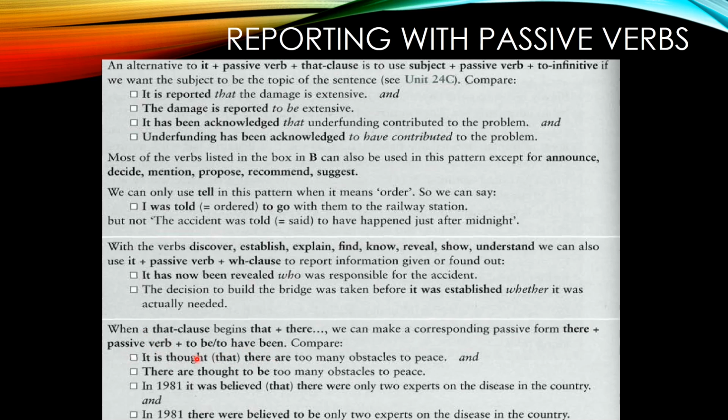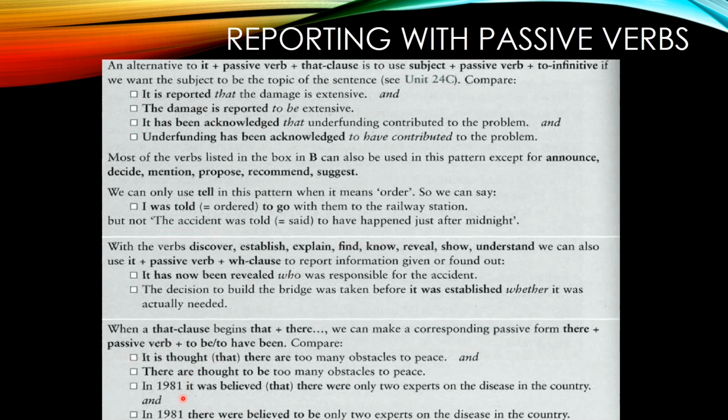Compare. It is thought that there are too many obstacles to peace, and there are thought to be too many obstacles to peace. So we can use this pattern, which begins with it, or we can use there are, and then passive verb plus to be or to have been.